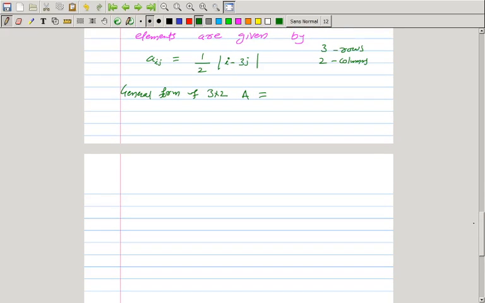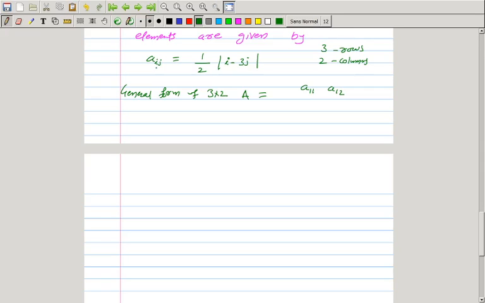This matrix will have 3 rows and 2 columns. So let us write the elements of our first row. That is A11, A12, right? First row, first element.